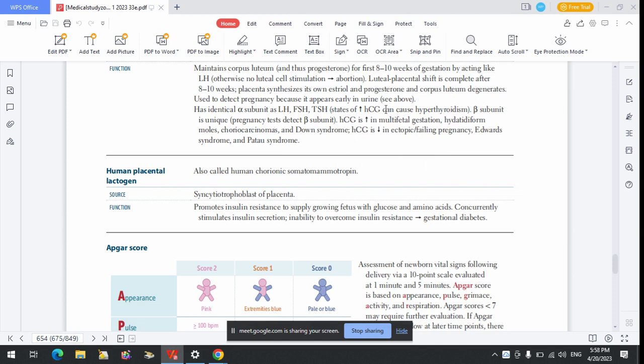With time, if you see that the HCG is dropping, you know that this ectopic pregnancy is likely to terminate by itself. But if it's still increasing, you know that you are not doing a good job. So ideally, the level of HCG usually drops in a failing pregnancy, Edwards syndrome and Patau syndrome, unlike Down syndrome where you have elevated HCG.